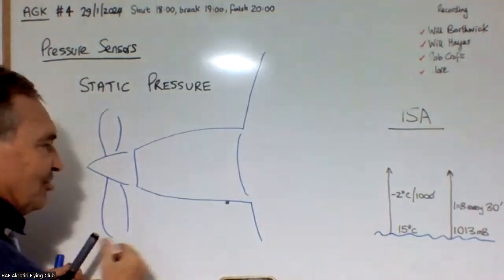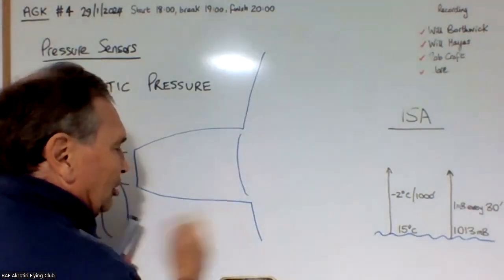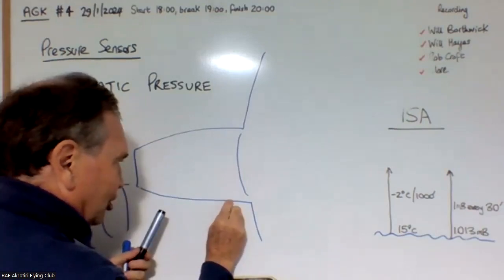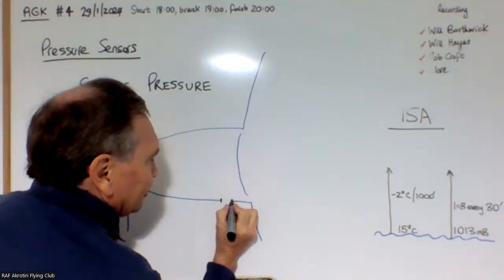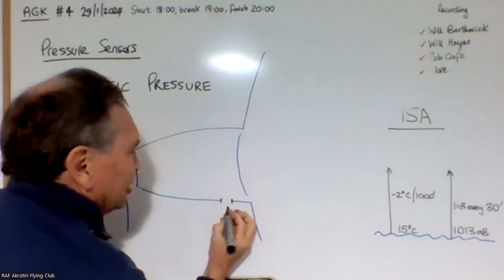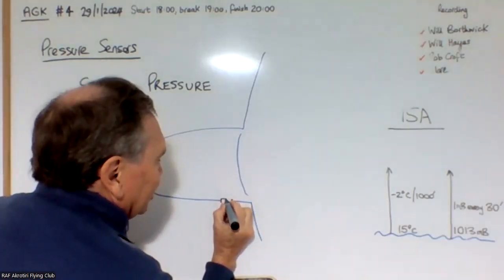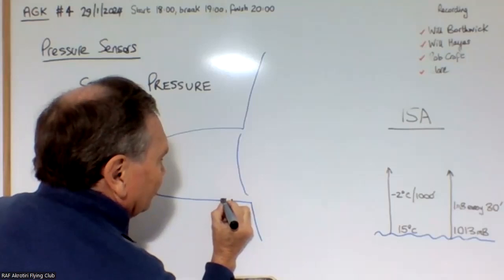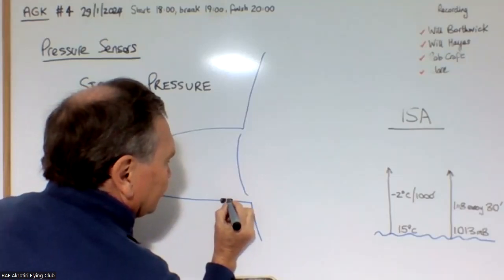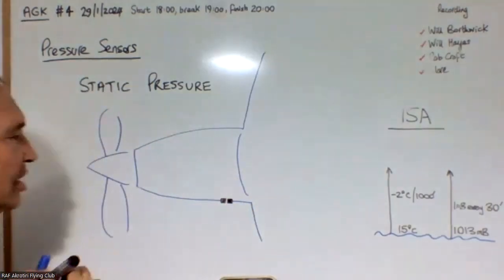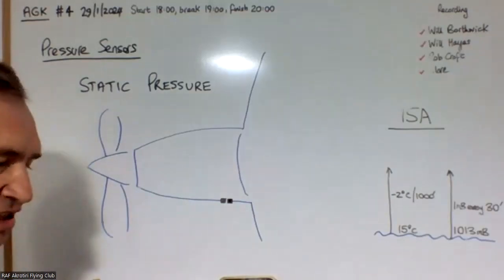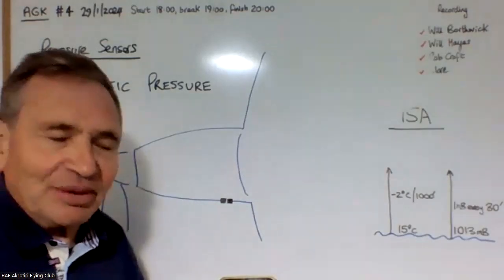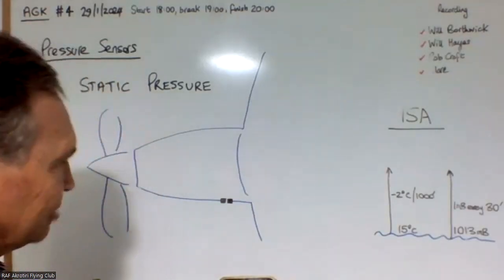So what you tend to find is that on planes you've got a tiny little thing here called the static vent, and it's sat on the side of the plane. It's got a tiny weeny little hole in it, and when I say tiny weeny hole, I'm only talking about a hole that's 2 or 3 millimeters big.